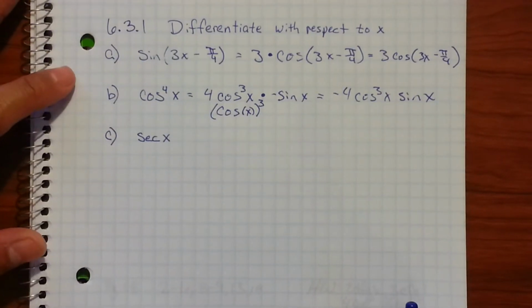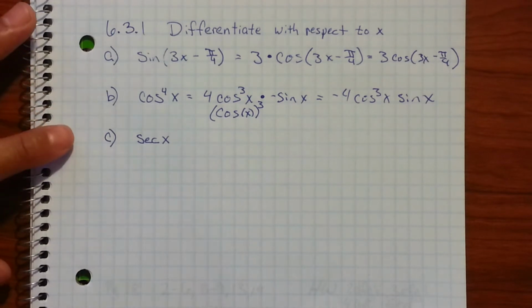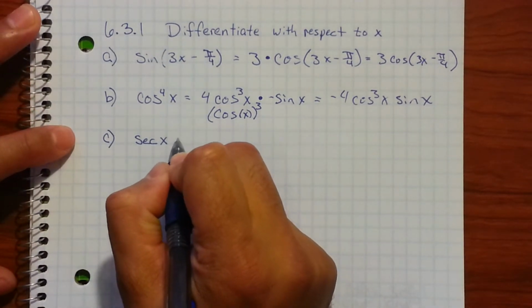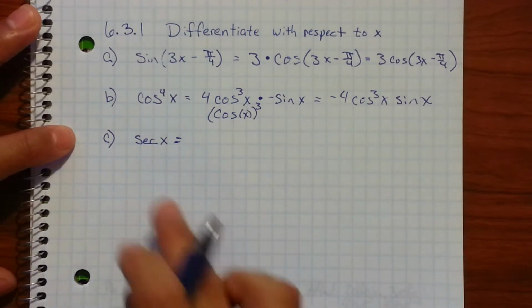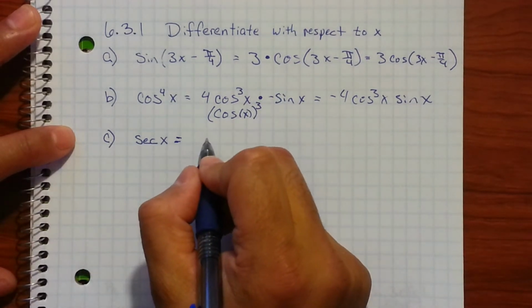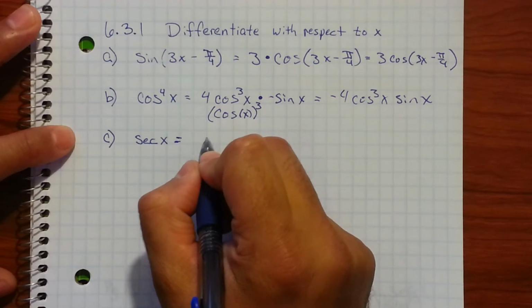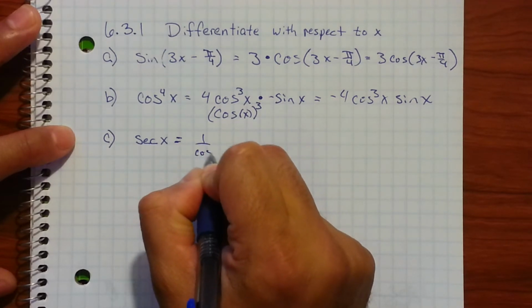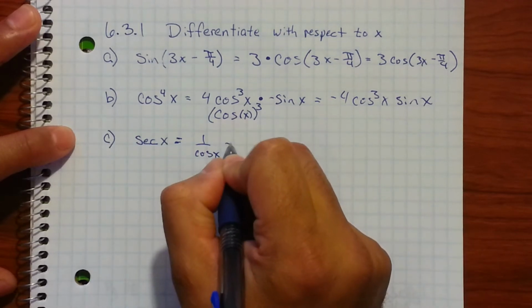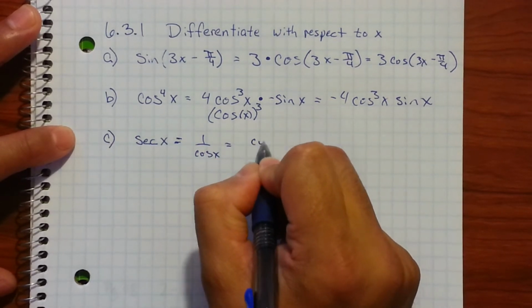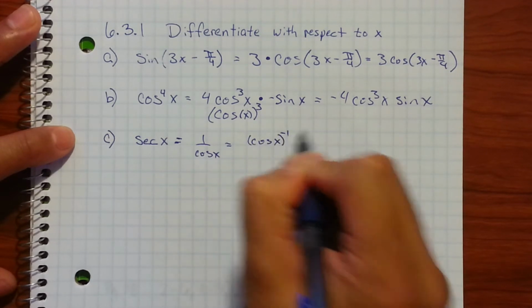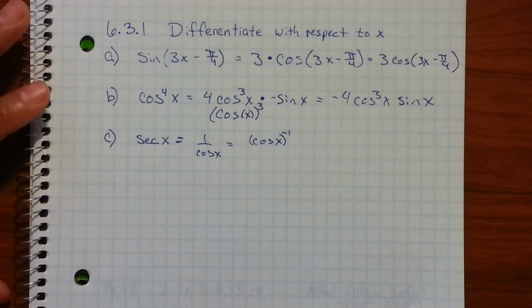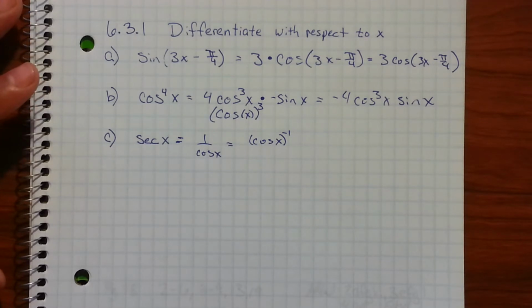Okay, so now let's take a look at C. Now, we're going to take the derivative of this. First thing I'm going to do, I'm going to rewrite it. We know that secant is going to be 1 over cosine. So I'm going to rewrite this as 1 over cosine x, and I'm going to rewrite that as cosine x to the negative 1.